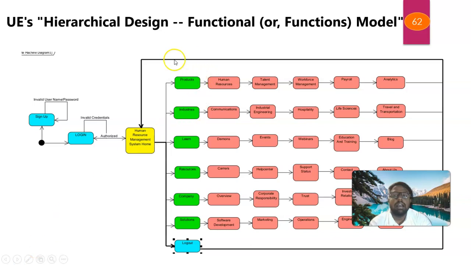And the hierarchical design using functional model. First, using valid credentials, you can log in to the human resource management home tab. From there, you can access sub-functions such as products, industries, learn, resources, company, and solution, which consist of sub-functions such as human resource, talent management, workforce, payroll, and analytics.